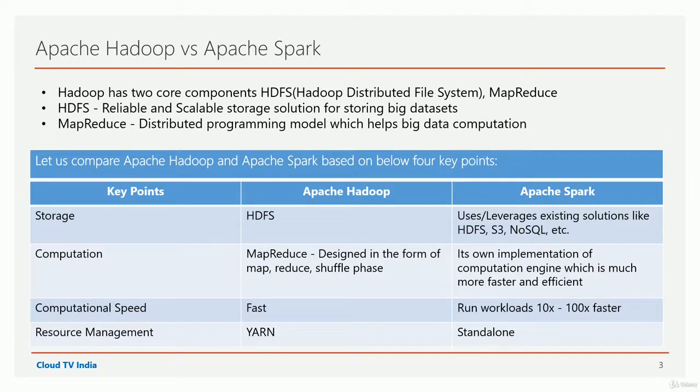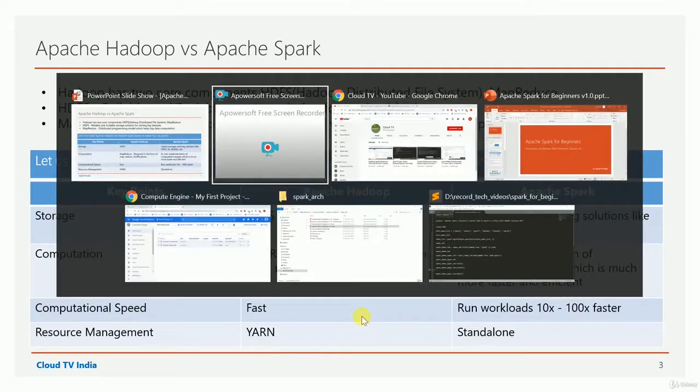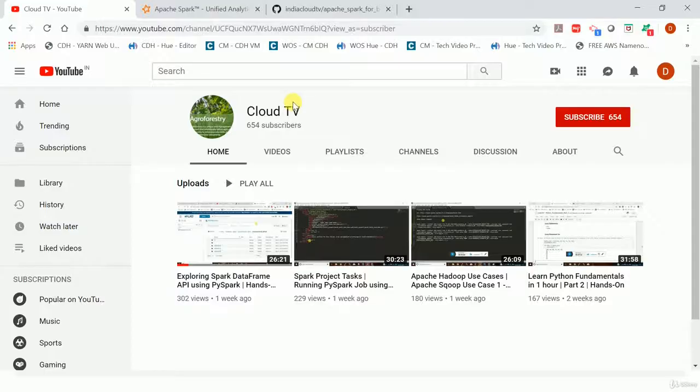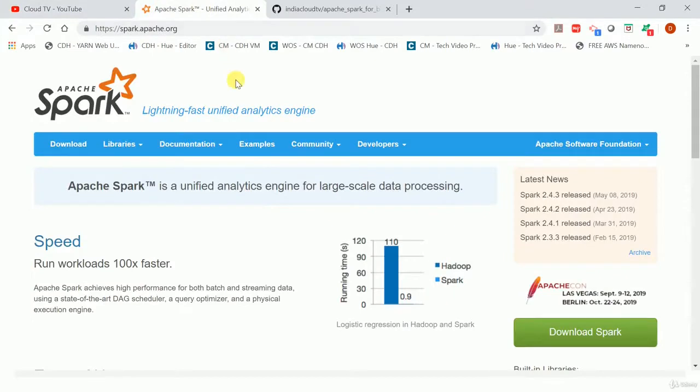If you want to know about computational speed, you just go to the Apache Spark org home page. They say that compared to Hadoop, Spark was able to get 100 times faster computation.